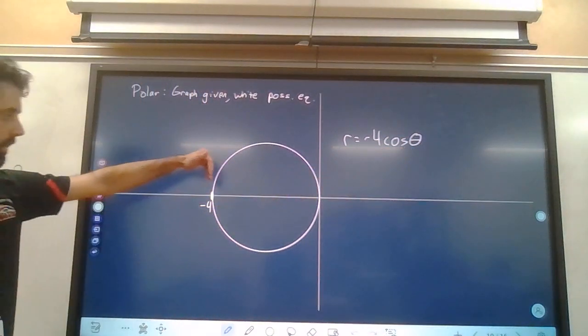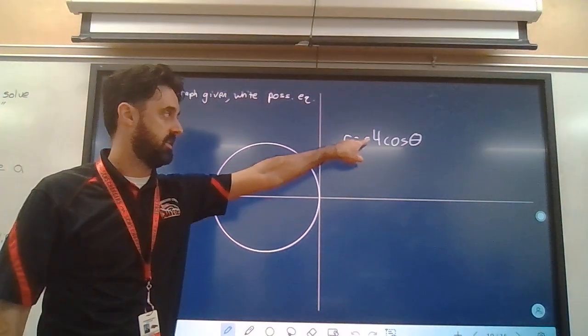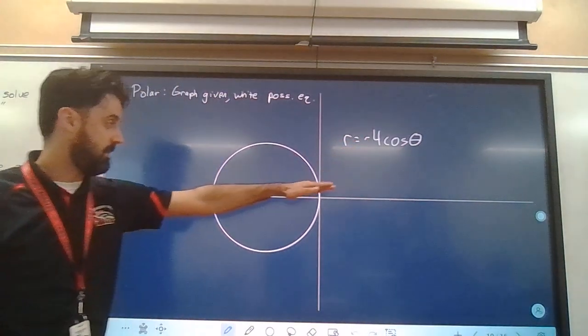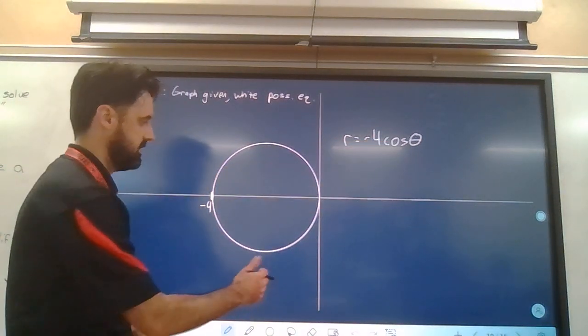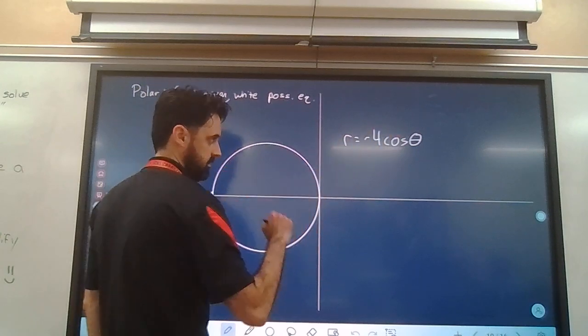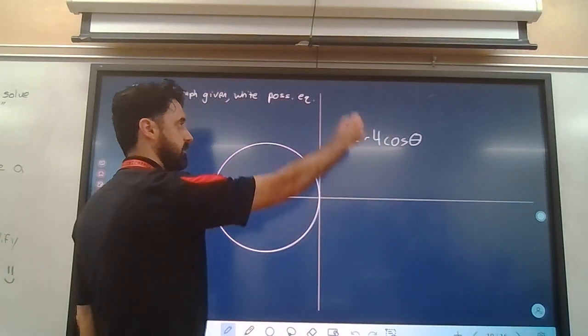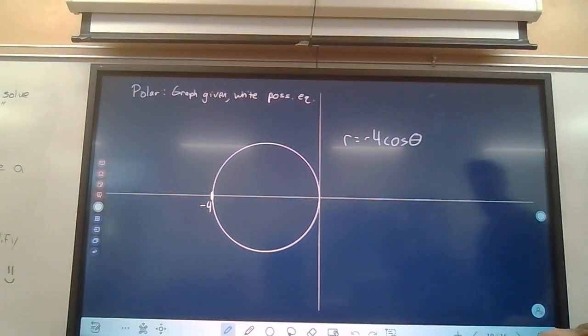All right, and so whatever this number is here, that's the number right here. So it's -4. And because it's symmetric about the x-axis, it's cosine, right? If this was down here, it would be a -4 sine of theta, right? Or if it was up here, +4 sine of theta, etc. All right, so those are circles for polar.